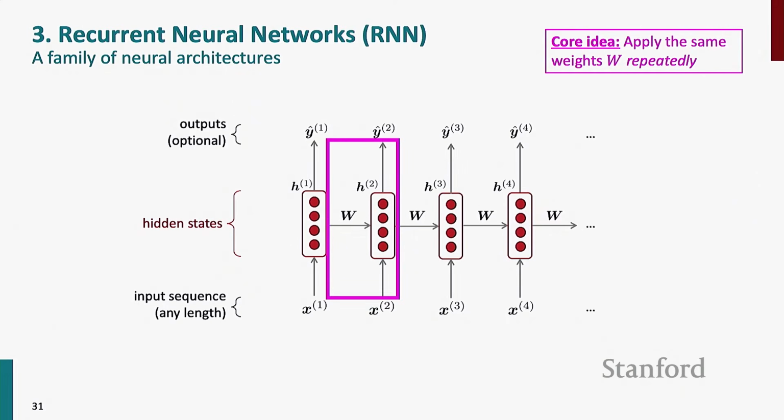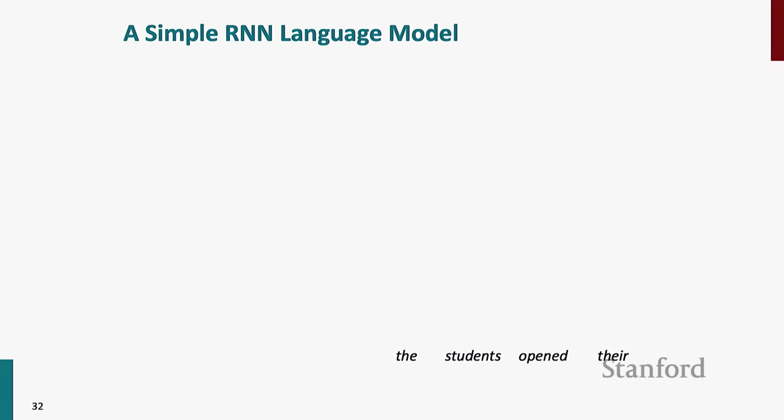We'll go through this in quite a bit of detail, but here's the idea of it. So we've got "the students open there", and we want to predict with that. I've still got 4 words in my example, so I can put stuff down the left side of the slide, but there could have been 24 words with recurrent neural networks because they can deal with any length of context.